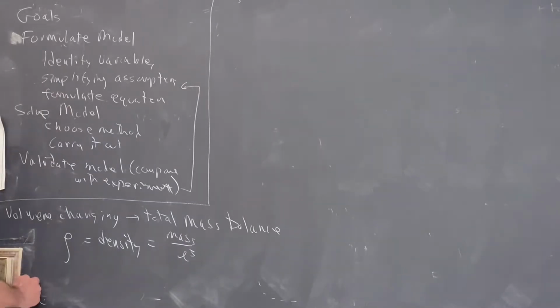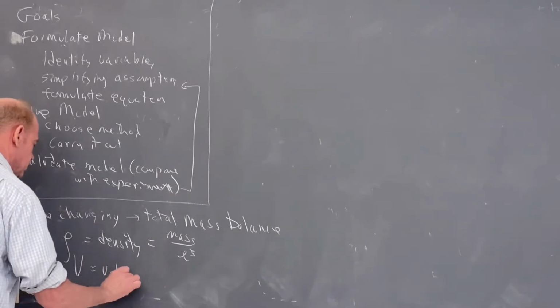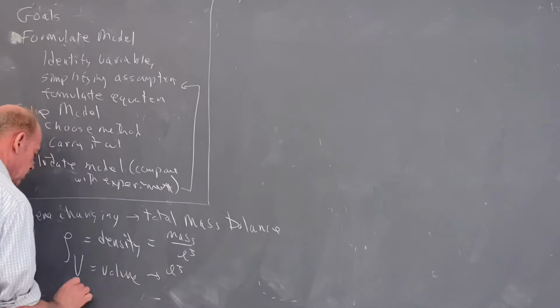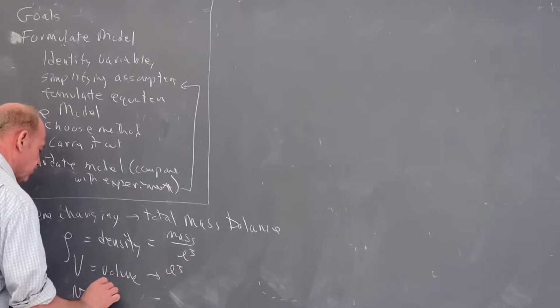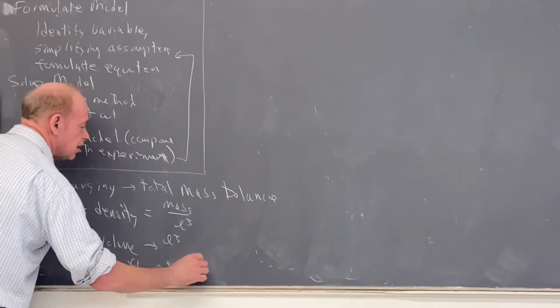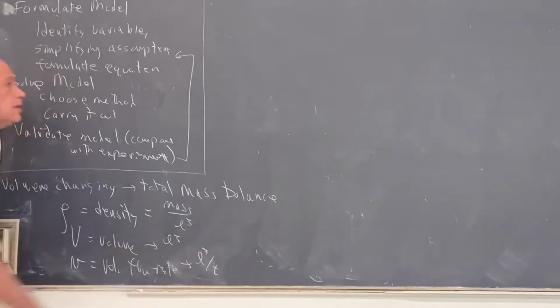And again, I'm going to let V be the volume in units of length cubed, and little v be the volumetric flow rate in units of length cubed per unit time. Just so we're clear on the units.